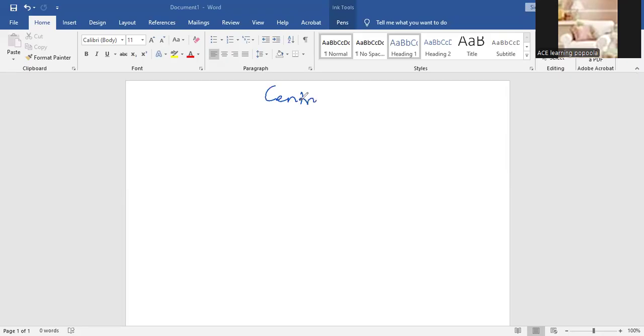Center of gravity. The center of gravity of an object is the point where the weight of an object appears or is assumed to be concentrated, where an object balances.